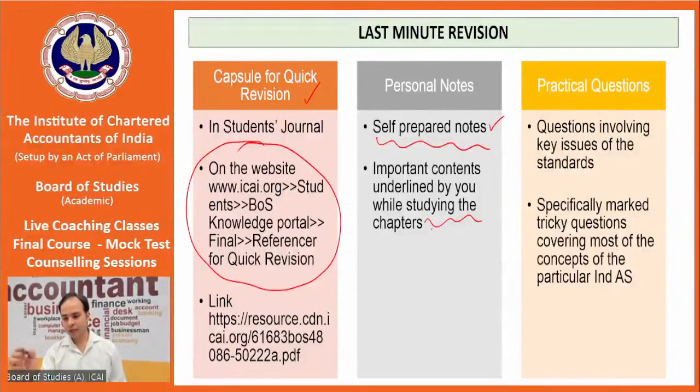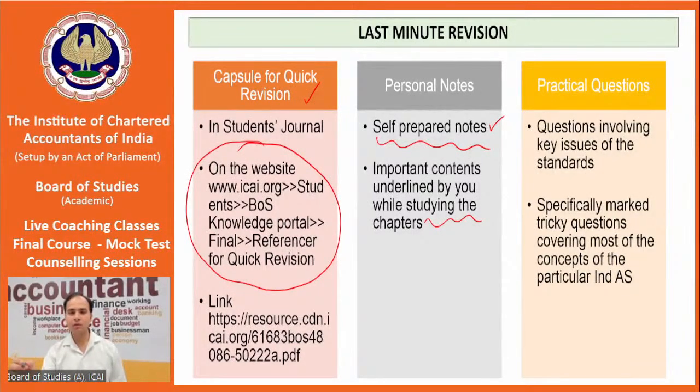And further, if you have this habit of solving the practical questions just a day before the exams, then it is not practically possible to solve all the questions, all the examples, all the illustrations, all the test your knowledge questions.